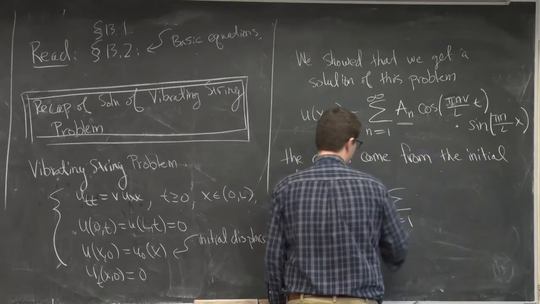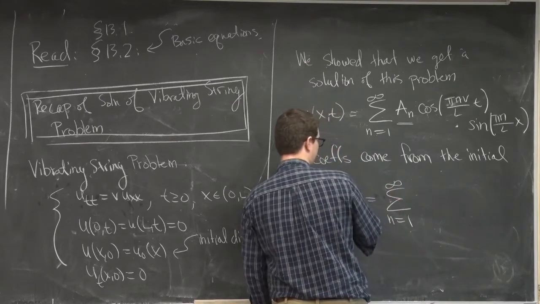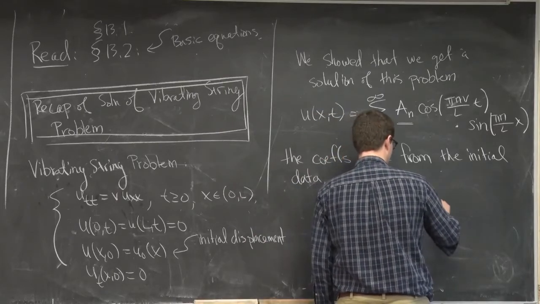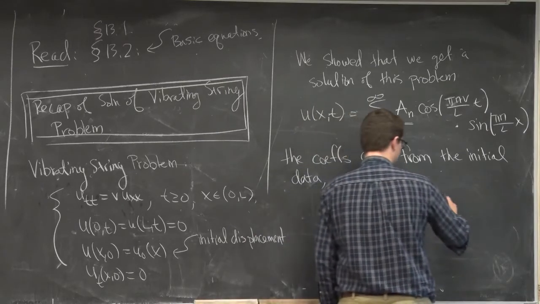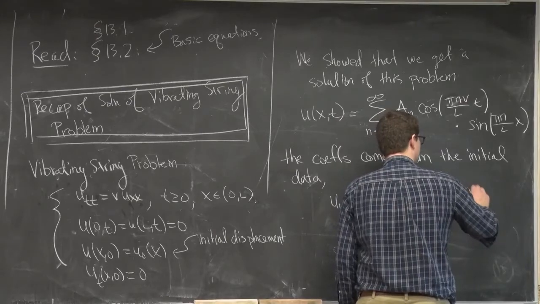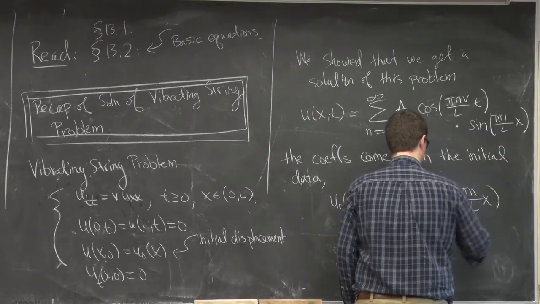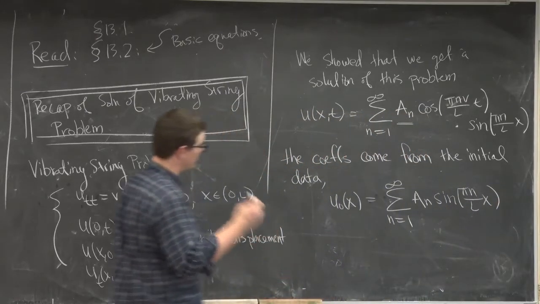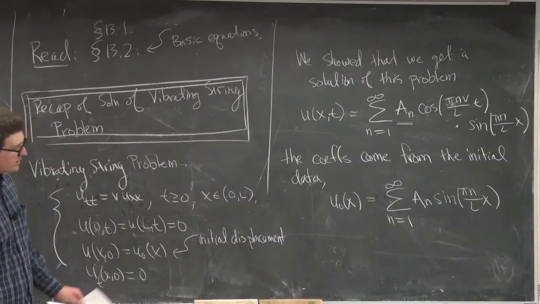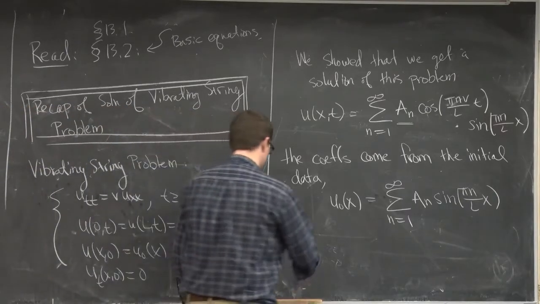We do this eigenfunction expansion of this function here. So we're using the magic that these functions form a basis. And so then we have formulas for what the a_n's can be.